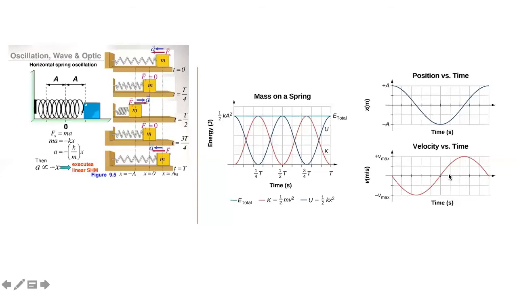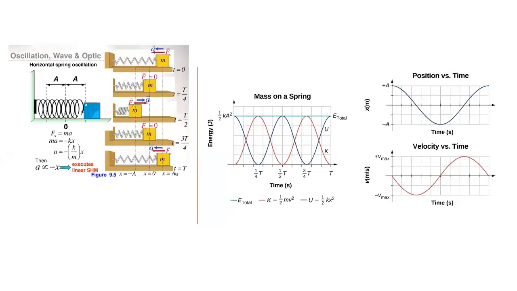All right, so why am I saying this? Because velocity is related to kinetic energy. And what is the formula for kinetic energy? 1/2 mv squared. If velocity is 0, then the kinetic energy is 0. Where are the positions wherein the velocity is 0?